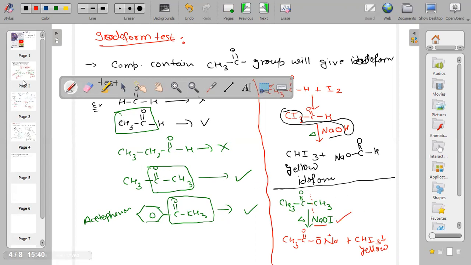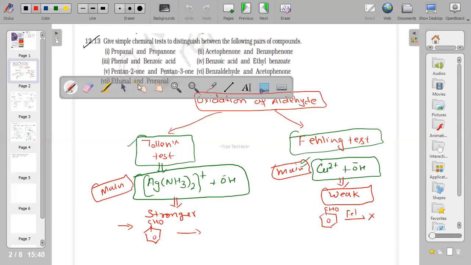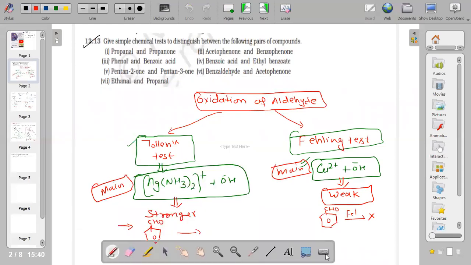Now come to the NCERT question, question number 12.13. Give a simple chemical test to distinguish between the following pair: propanal and propanone.